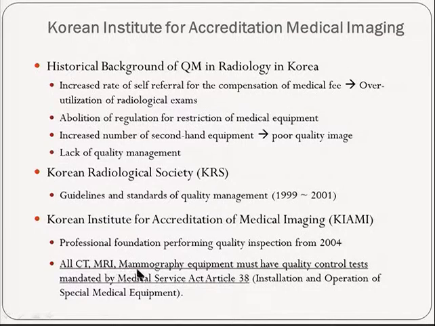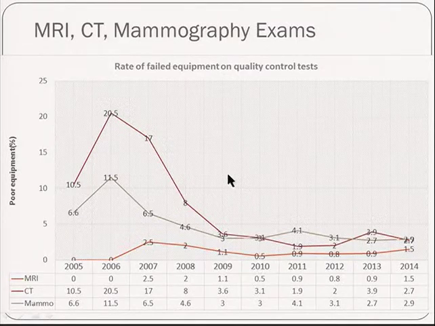All CT, MRI, and mammography equipment must undergo a quality control test, mandated by Medical Service Act Article 38. This is the 10-year failure rate of the equipment quality control system. At first, the failure rate was very high.